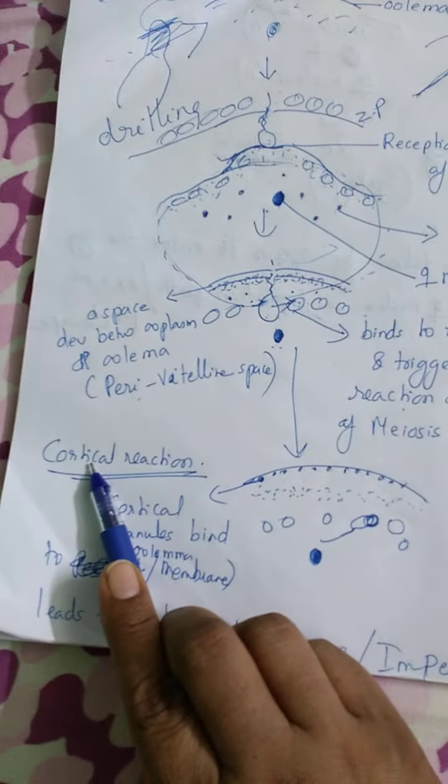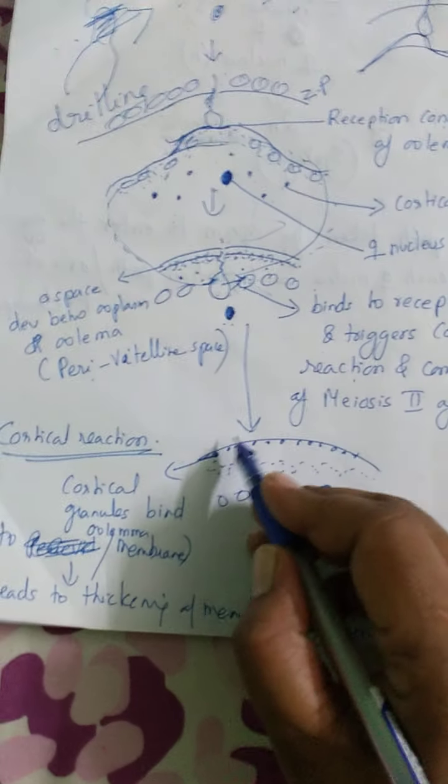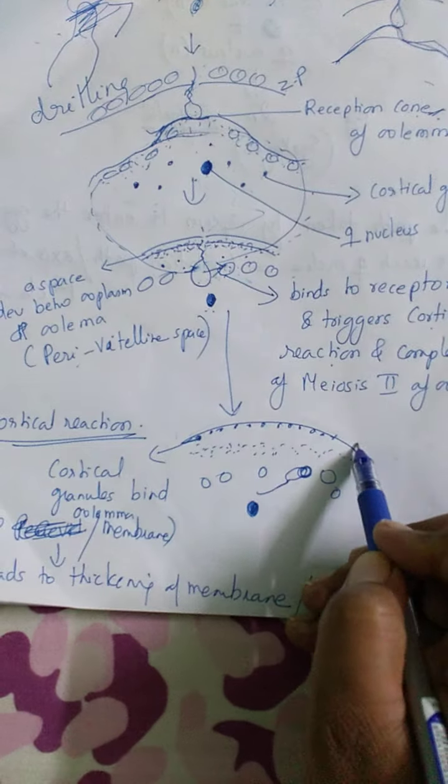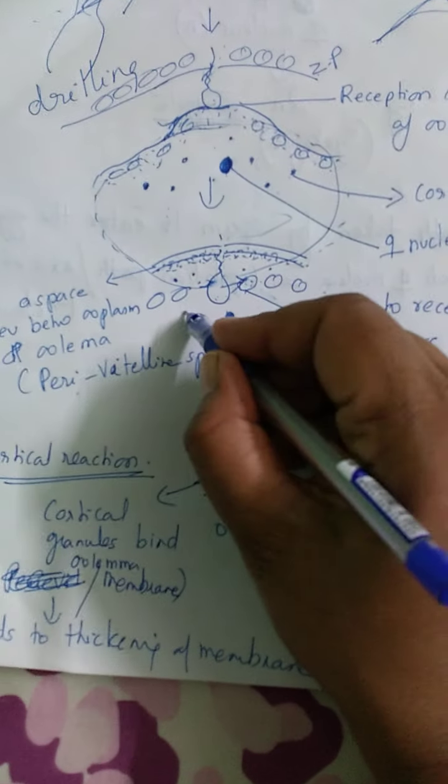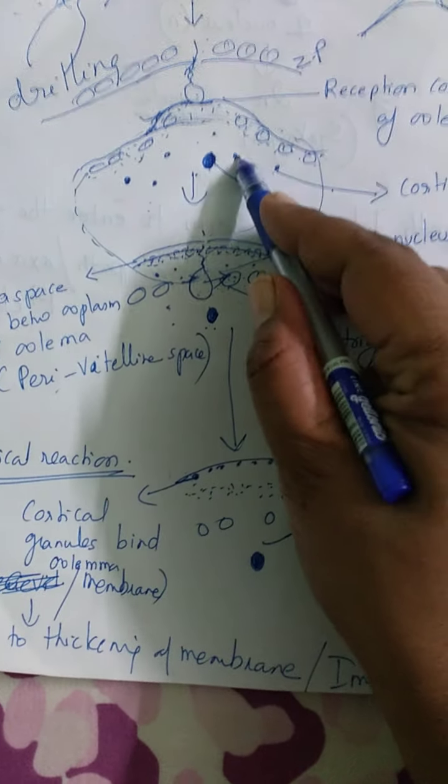Now, what is the cortical reaction? You see, this is the oolemma. Okay, and then we have seen some granules here, cortical granules.